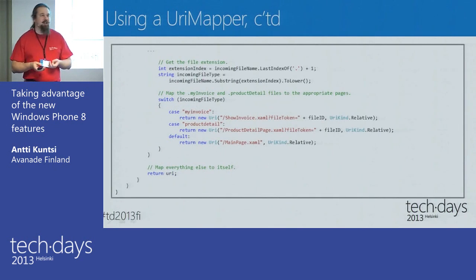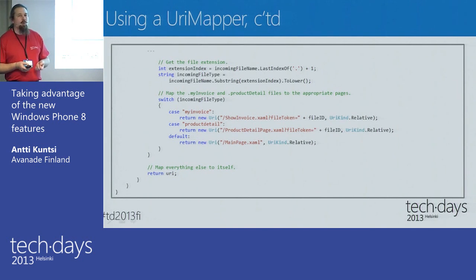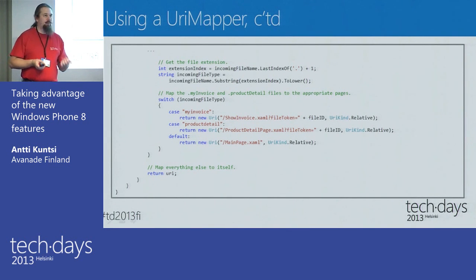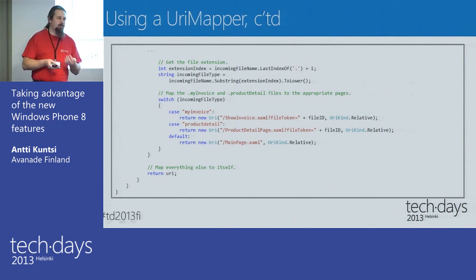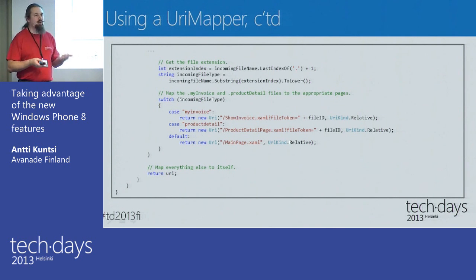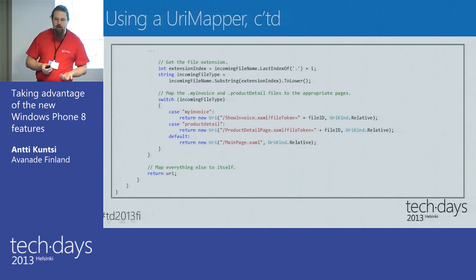We use the shared storage access manager to get the name of the file we are receiving. And based on the extension of that file, we see which of the files that we are aware of it is, and then we can navigate to a specific page passing the file ID. The token we receive, we can't forward the actual file, or it makes little sense. You are starting here, so try to minimize the amount of code you execute while executing a URI mapper.